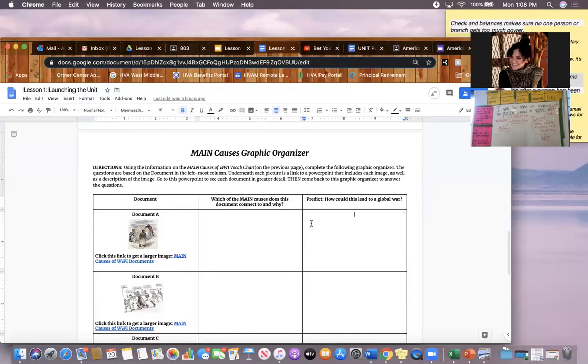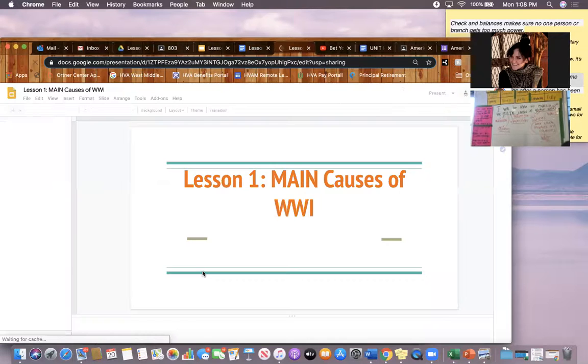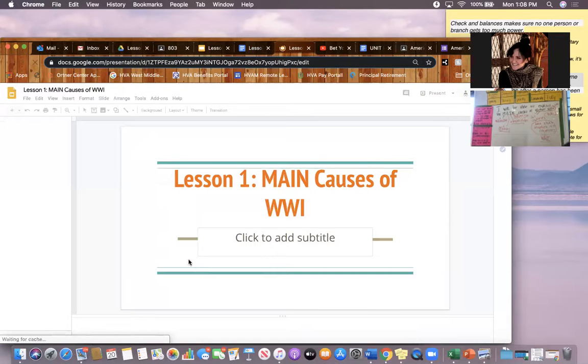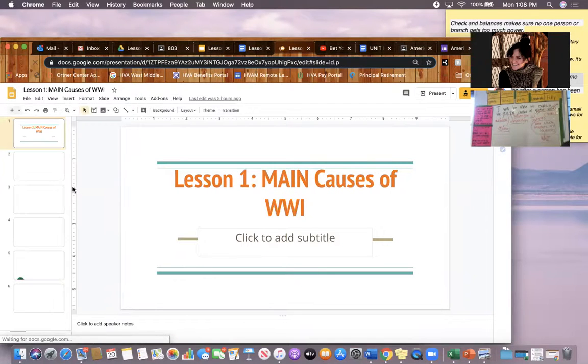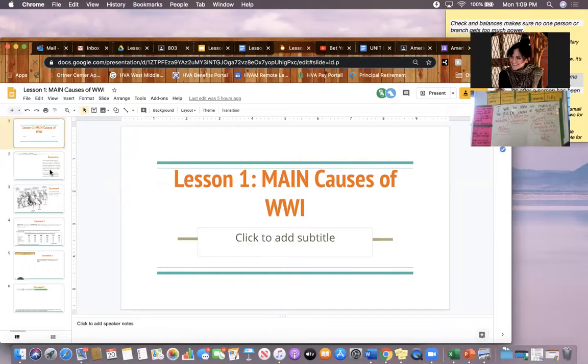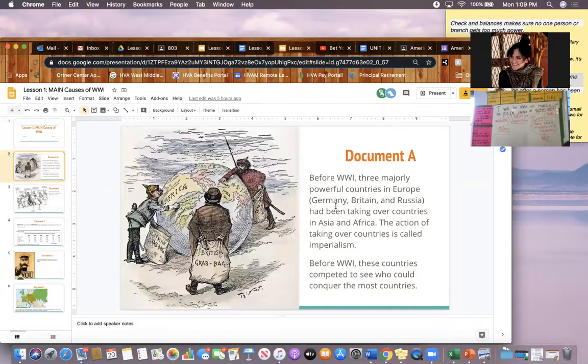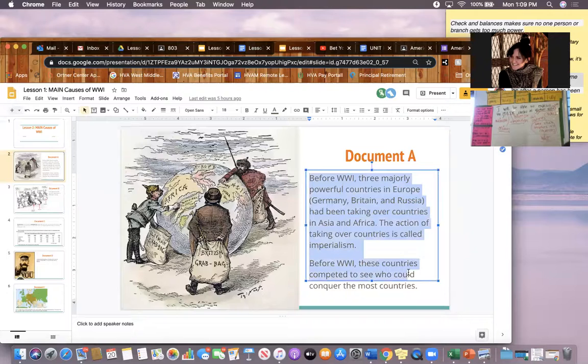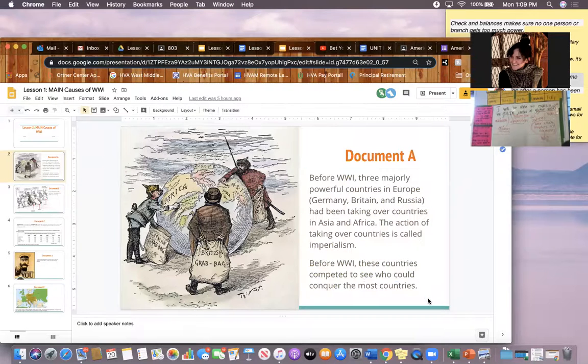How could this concept, militarism, alliances, imperialism, nationalism, how could the concept lead to a global war, to a war that involves all countries? In order to access the document, simply click on the link to the PowerPoint included in the graphic organizer. There you will see not only the document, but a description that will help you figure out the essential meaning behind the document.